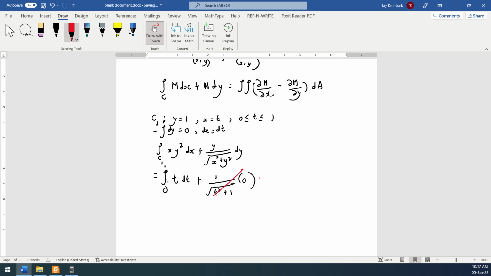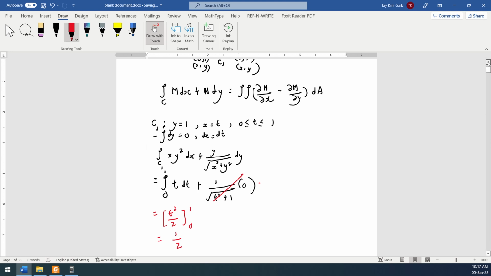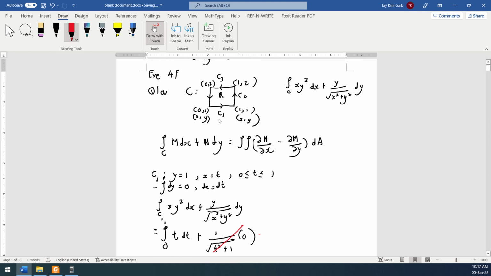So it's just left with the integral of t dt, which is t squared over 2. Plug in the limits 0 to 1, and you get the answer, half. So the line integral on the curve C1 is half.